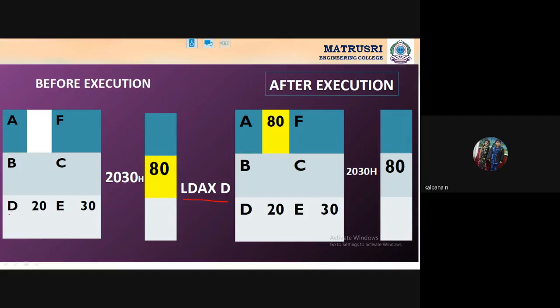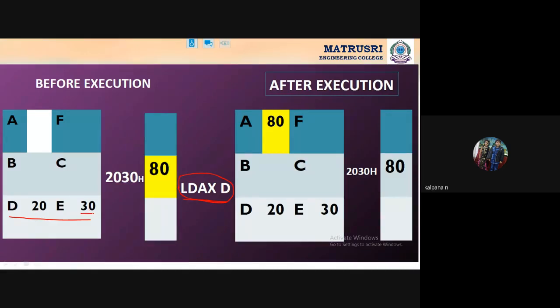Now here see the example, LDAXD. This is an instruction. D is a pair, right? So now D is having what number? 20 and 30.